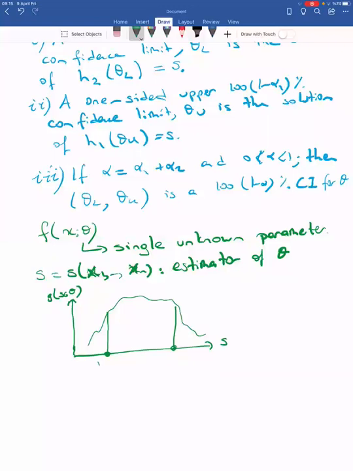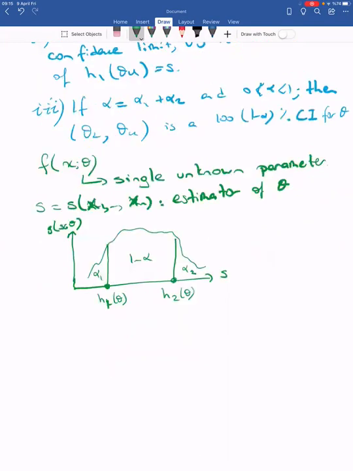These will be H1 theta and H2 theta. We assume this tail probability is alpha 1, this tail probability is alpha 2, and in the middle we have 1 minus alpha probability. Basically we are using the same logic as in the pivotal quantity method. We need to find the probability that our sufficient statistic is between H1 theta and H2 theta.